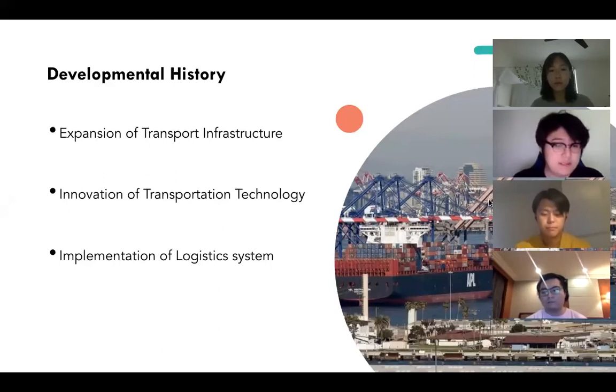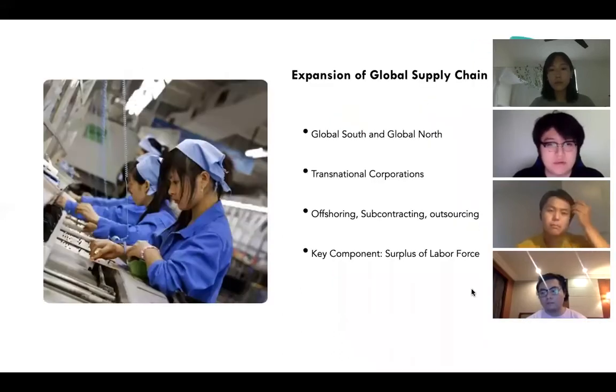And thus, the expansion of the global supply chain helps to contribute to the phenomenon that firms start to turn themselves into transnational corporations that associate with offshoring and subcontracting, so that firms can move their low-cost and low-technology production into the global south, where there is massive surplus labor.